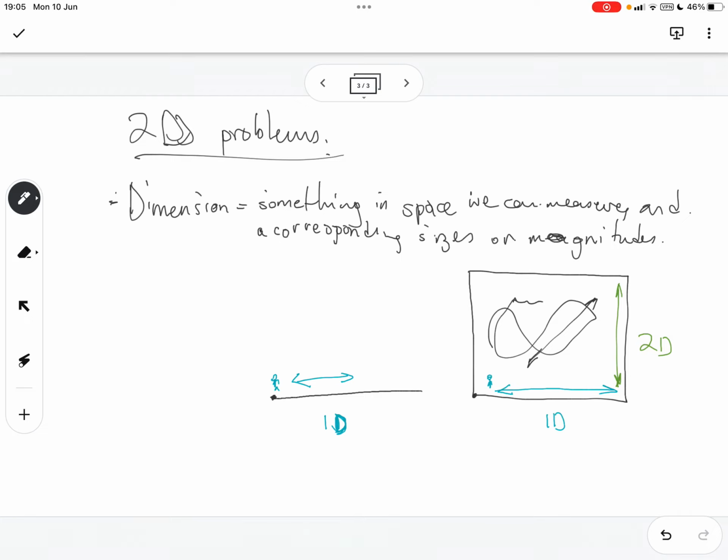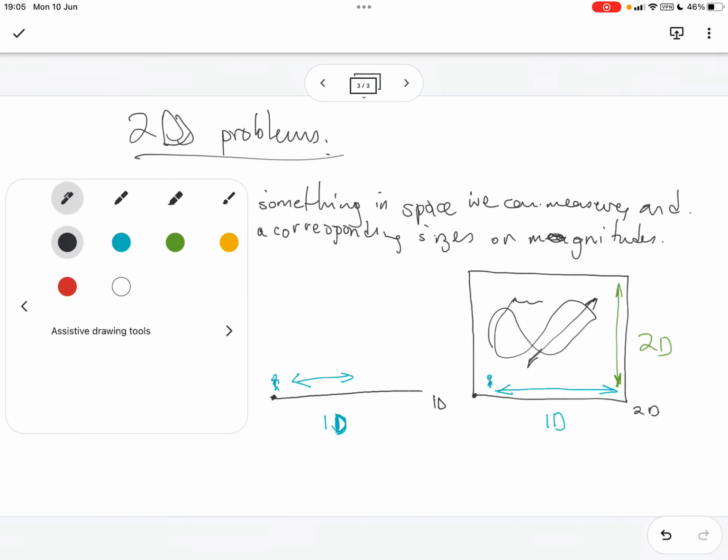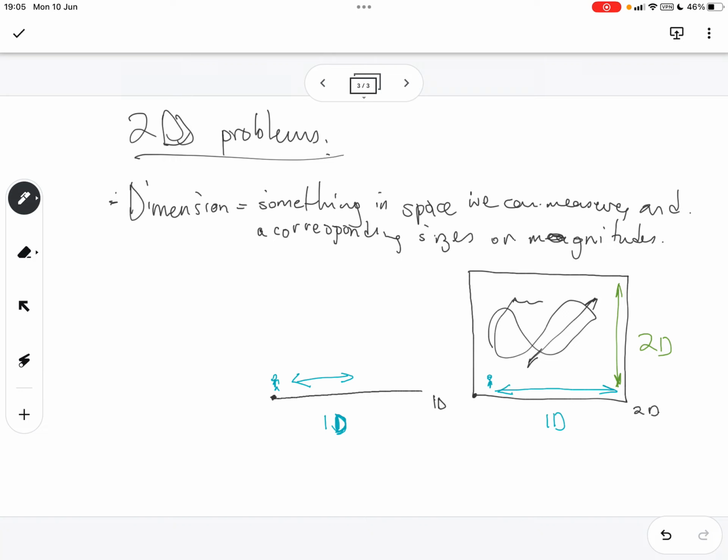So I've got 2 dimensions of movement that I can follow. And I can even move this way if I want, or any way, in the block. So this is 2-dimensional space.